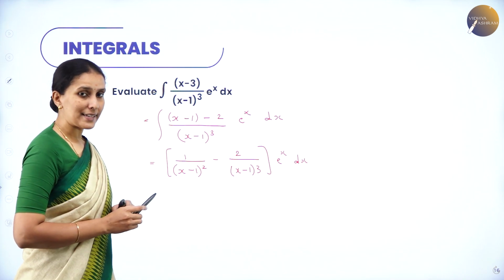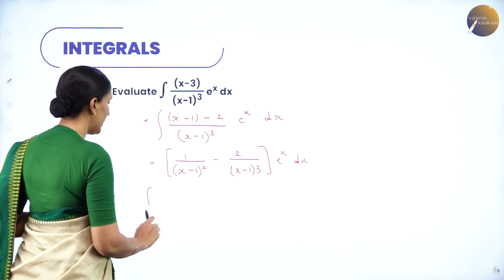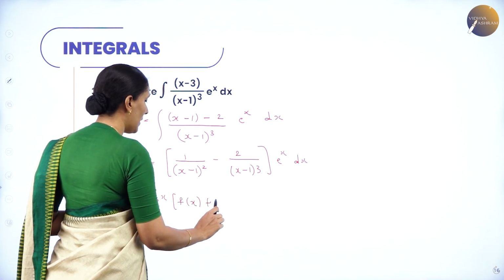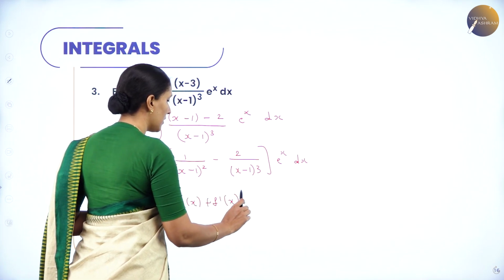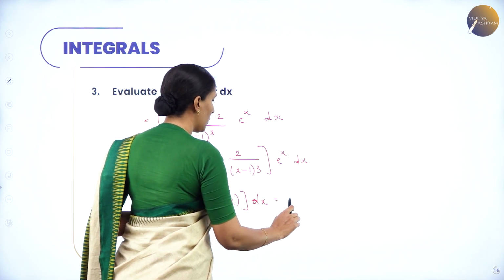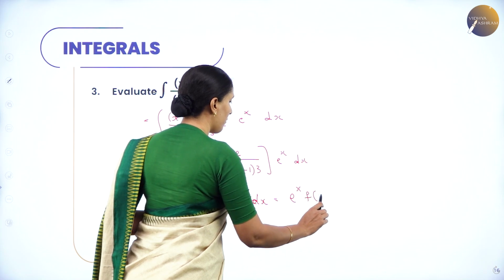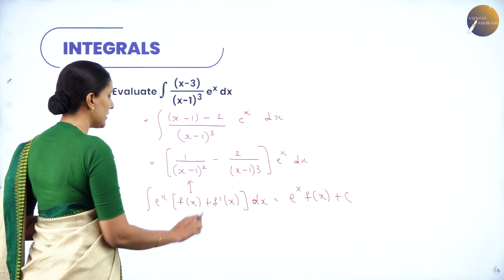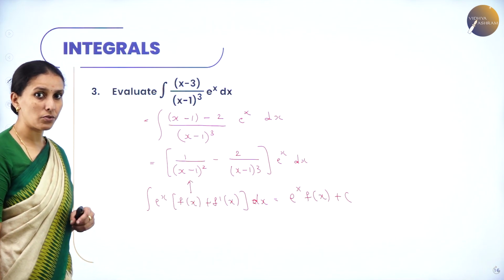We have one of the standard integrals, that is integration of e power x [f of x plus f dash of x] with respect to dx is equal to e power x f of x plus c. So here f of x is 1 divided by (x minus 1) whole square.